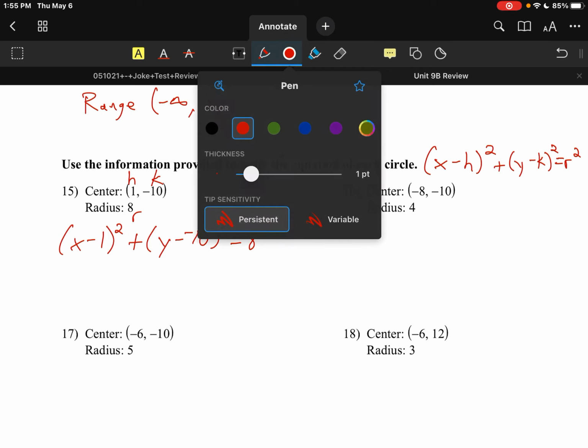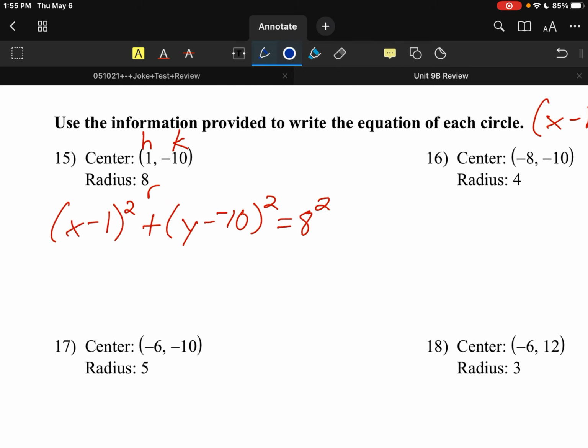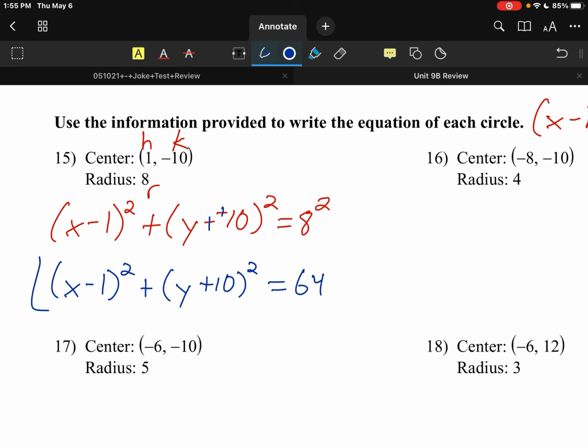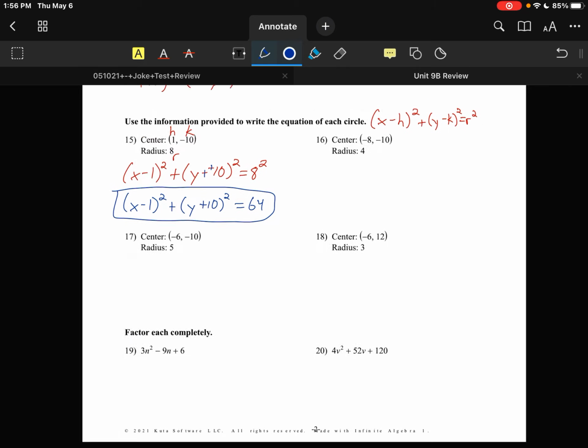Okay, so then you simplify, and this is the reason why it's always the opposite inside the parentheses. Okay, so x minus 1, right, it was positive, just stays negative there. So x minus 1 squared plus y, and then this becomes a double negative, so plus 10 squared equals, and then 8 squared is 64, and there's your final answer. Okay, so do that for 16 through 18.